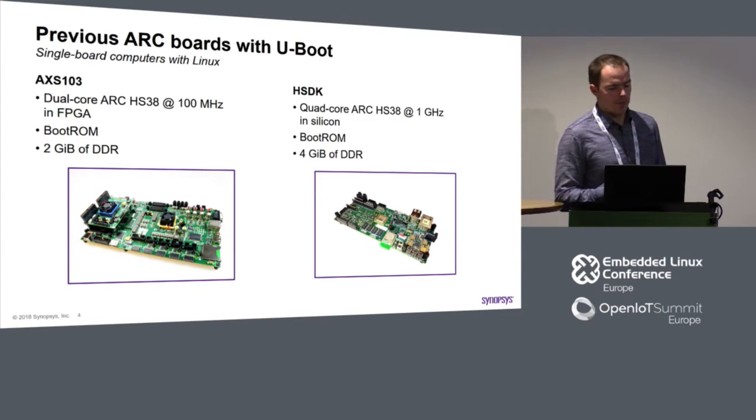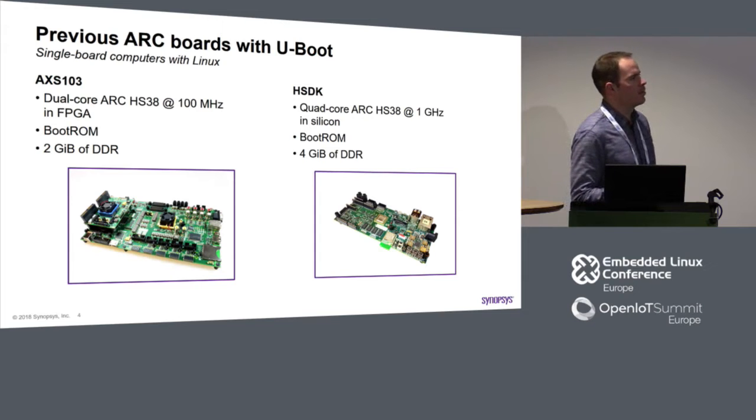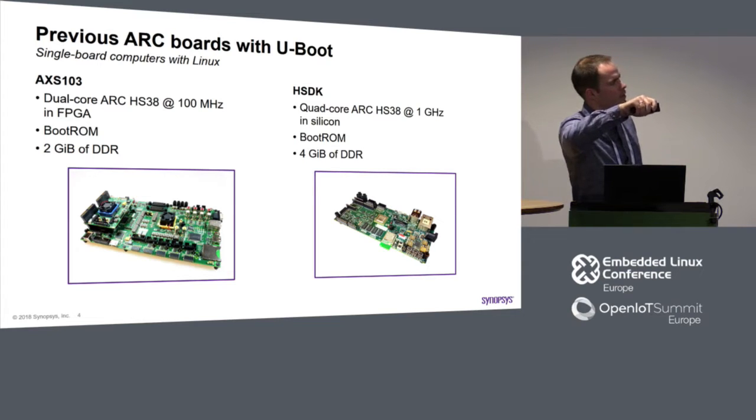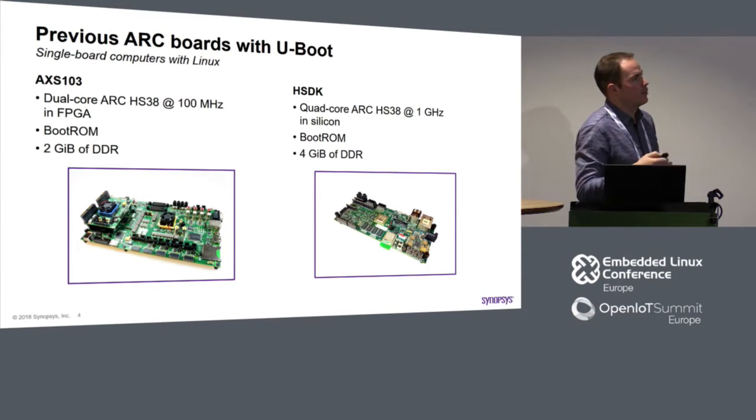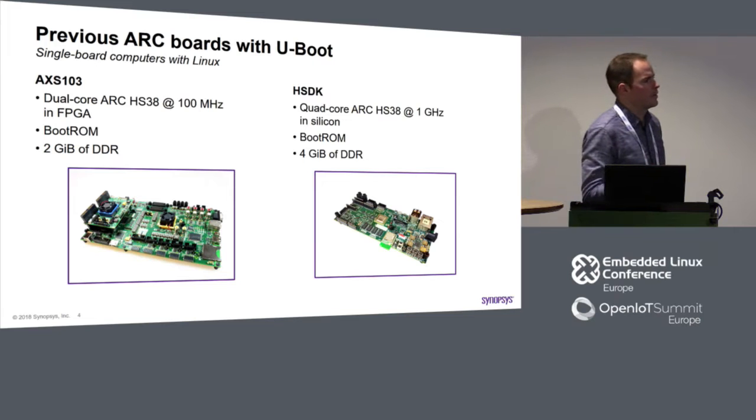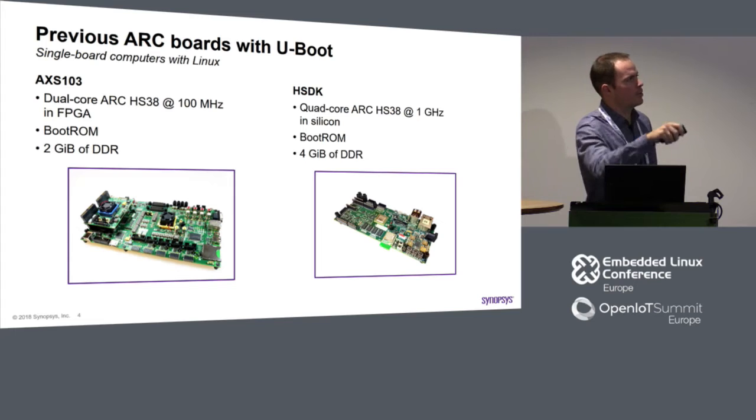Initially I added support for the AXS10X board, which was quite an interesting development board. It was a 600 megahertz CPU with a lot of memory. You see the mentioned 2 gigabytes of DDR.